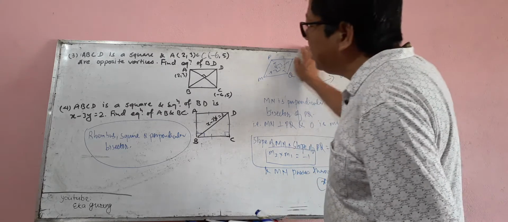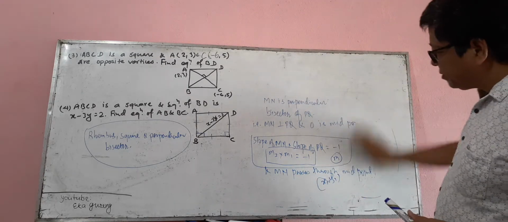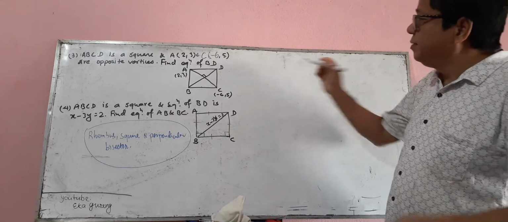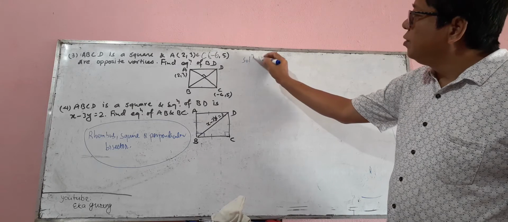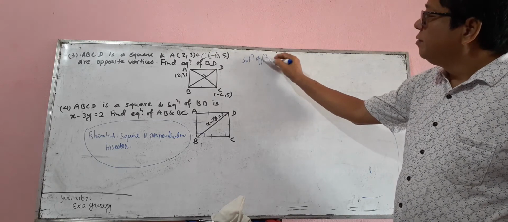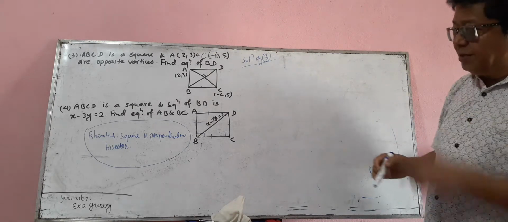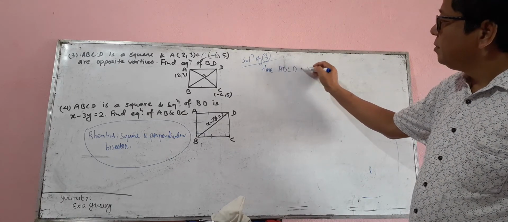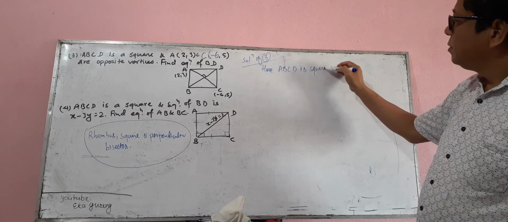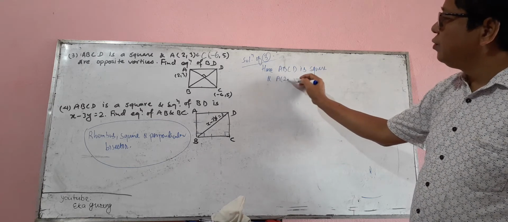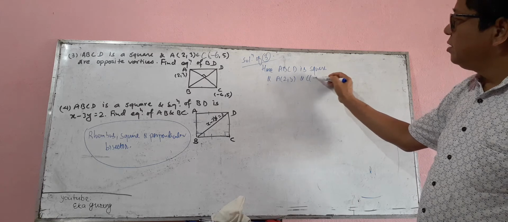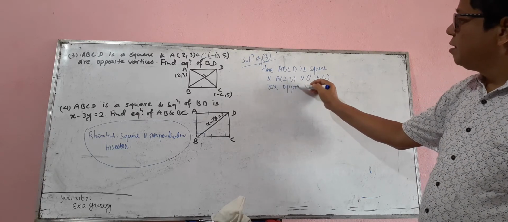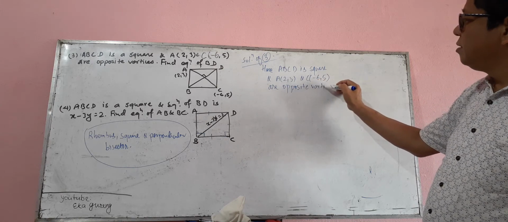Okay, now we start the solution. Look here, solution of 3. ABCD is a square, and A is (2, 3) and C is (-6, 5) are opposite vertices.